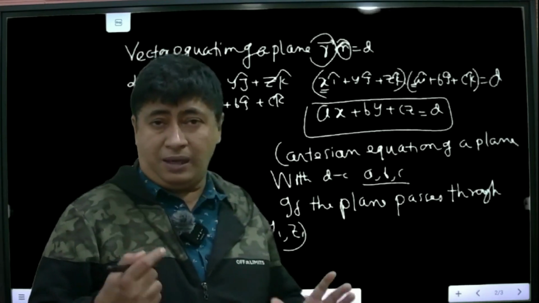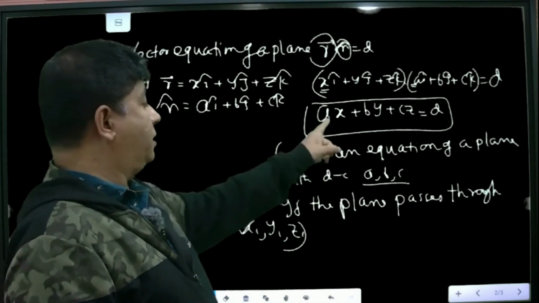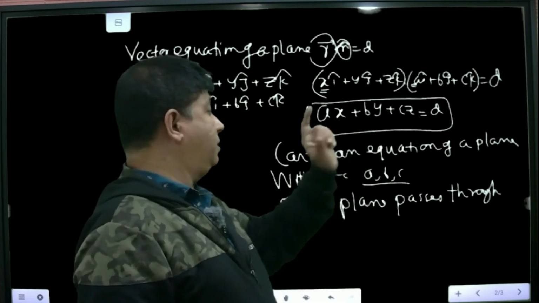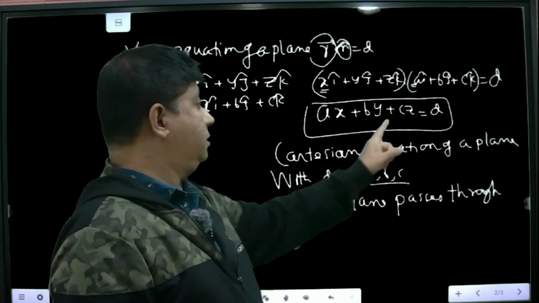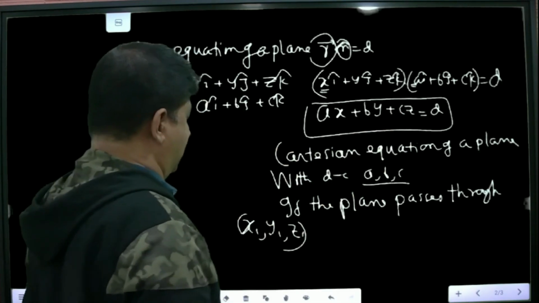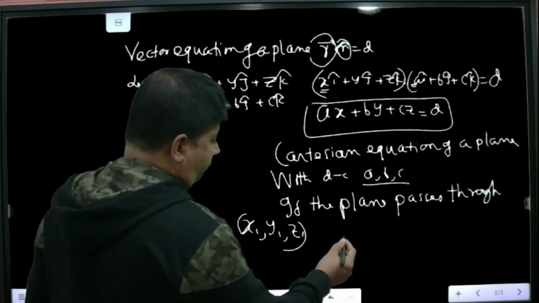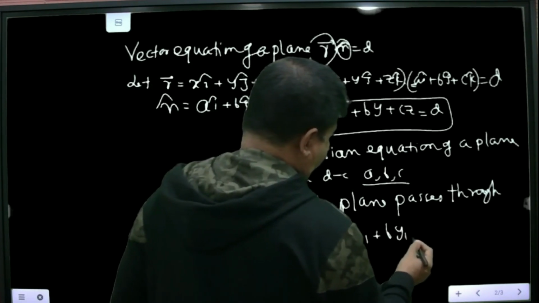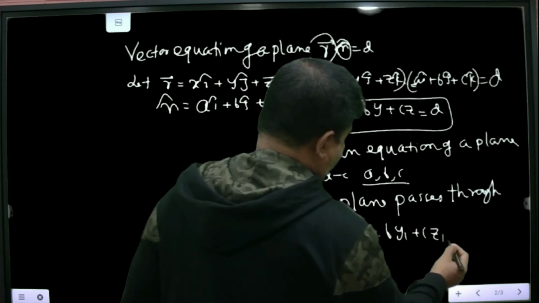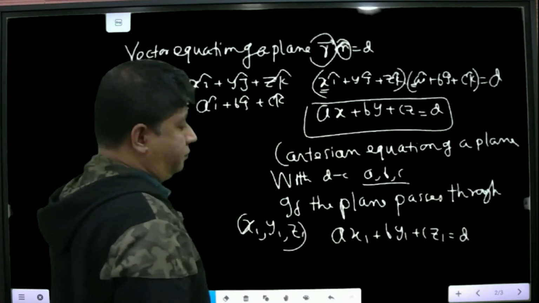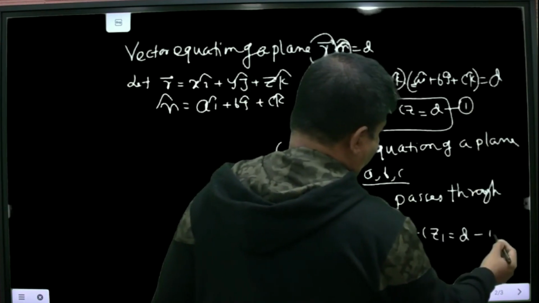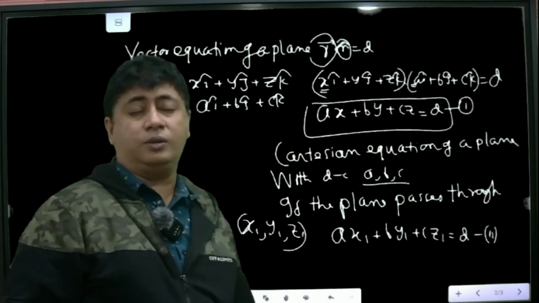What is meant by satisfying? In the equation, x will be replaced by x1, y will be replaced by y1, z will be replaced by z1. Okay, therefore a x1 plus b y1 plus c z1 is equal to d. Let us label it by 1 and label it by 2.